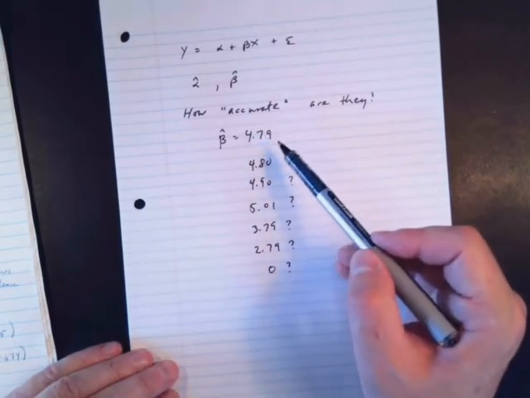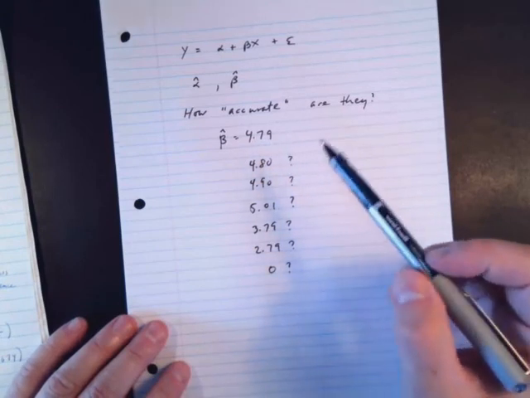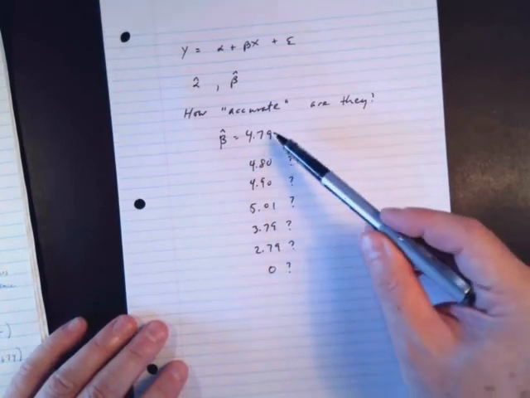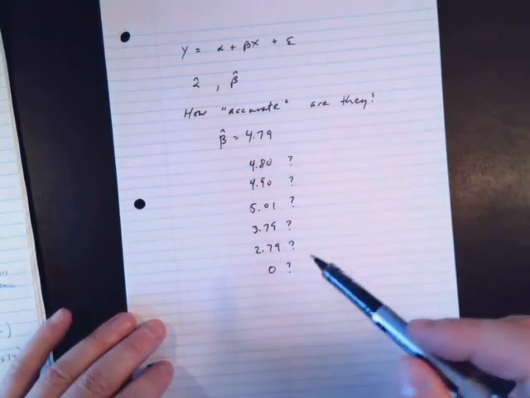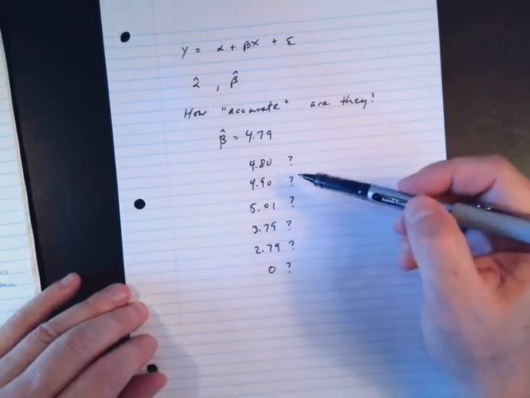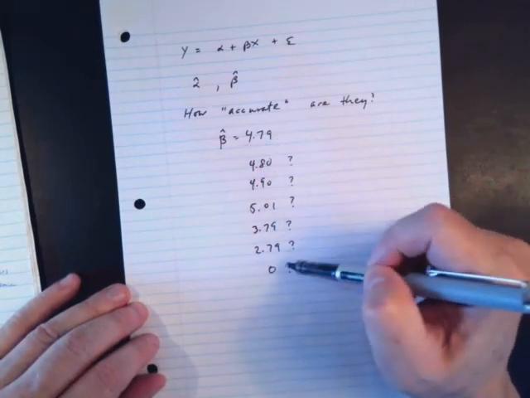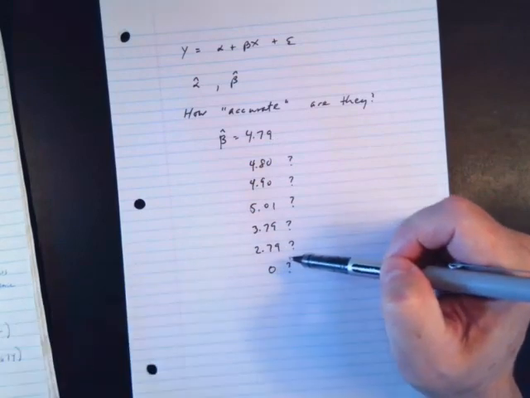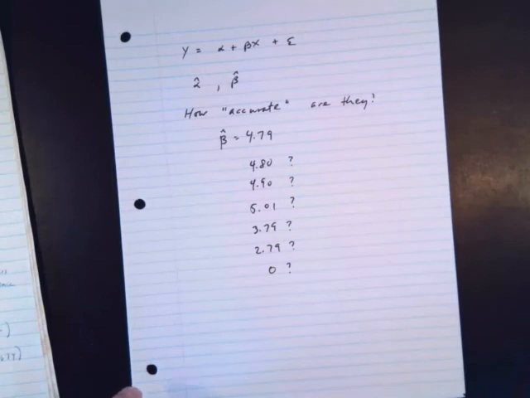So these are just estimates. The regression method gives us point estimates, but chances are it's not exactly 4.79. So what we need to do is ask, how accurate is this and how confident are we, first of all, that it's not zero, that we aren't just deceiving ourselves and finding a pattern here where none exists.